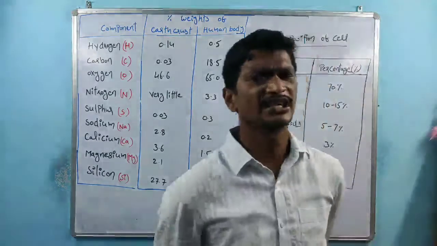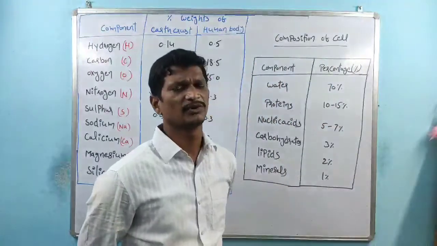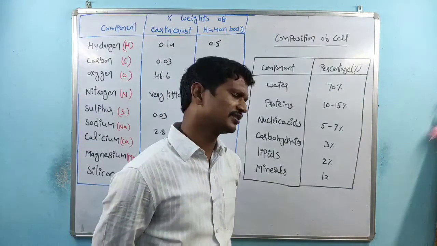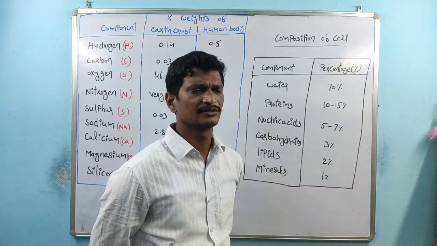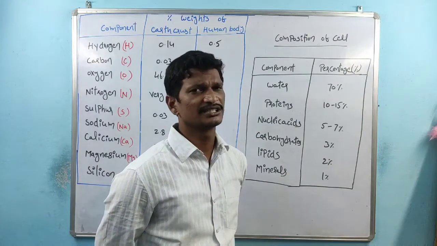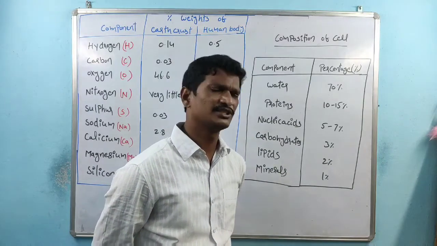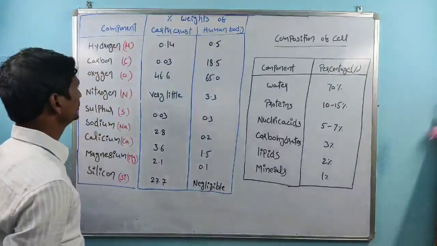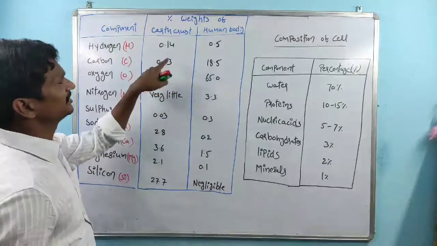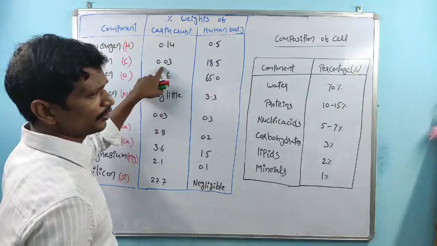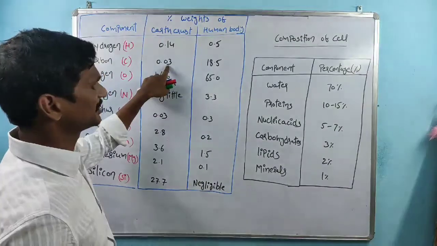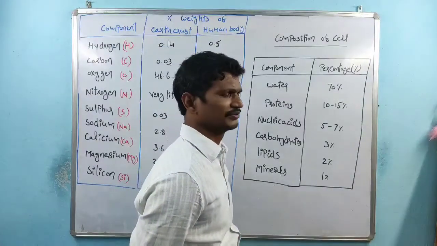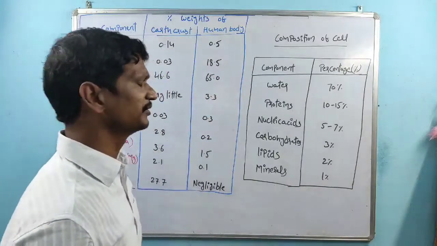Carbon is the major skeleton to form the majority of molecules. Non-carbon components are also there, but the majority of the components in cells are made up of carbon, right? Here carbon in the earth crust is 0.03 percent, and within the human body 18.5 percent.